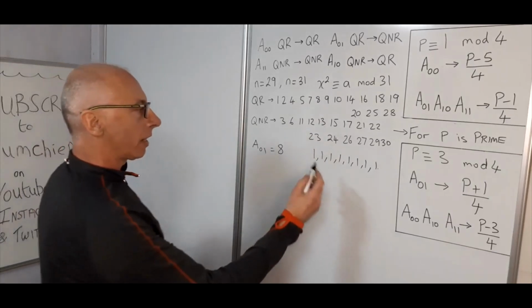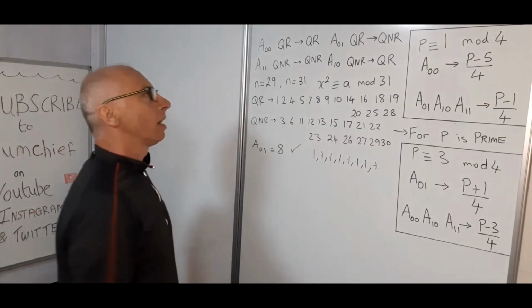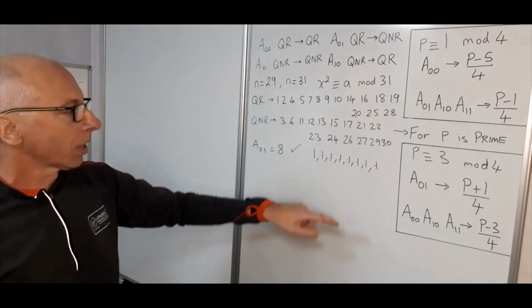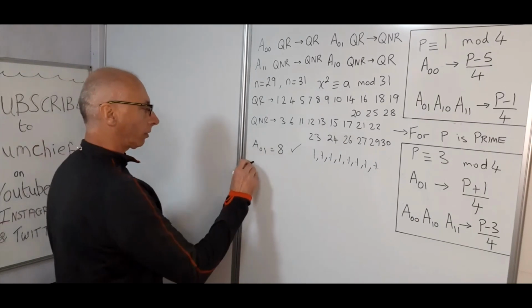So there should be 8 here. So 1, 2, 3, 4, 5, 6, 7, 8. So that holds good.